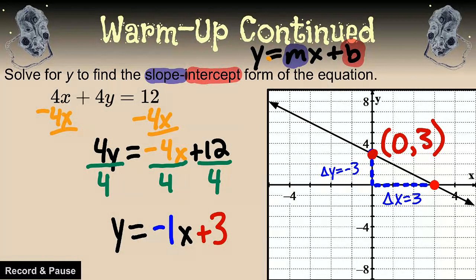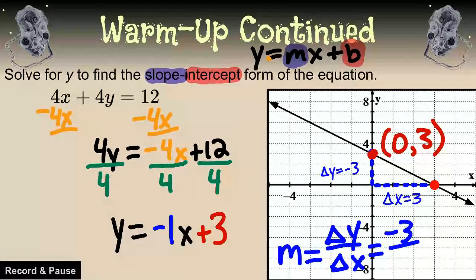So that means that our slope, which is always calculated as delta y over delta x, is equal to negative 3 over 3, which is negative 1, which we can see right there. Questions there before we move on? All right.